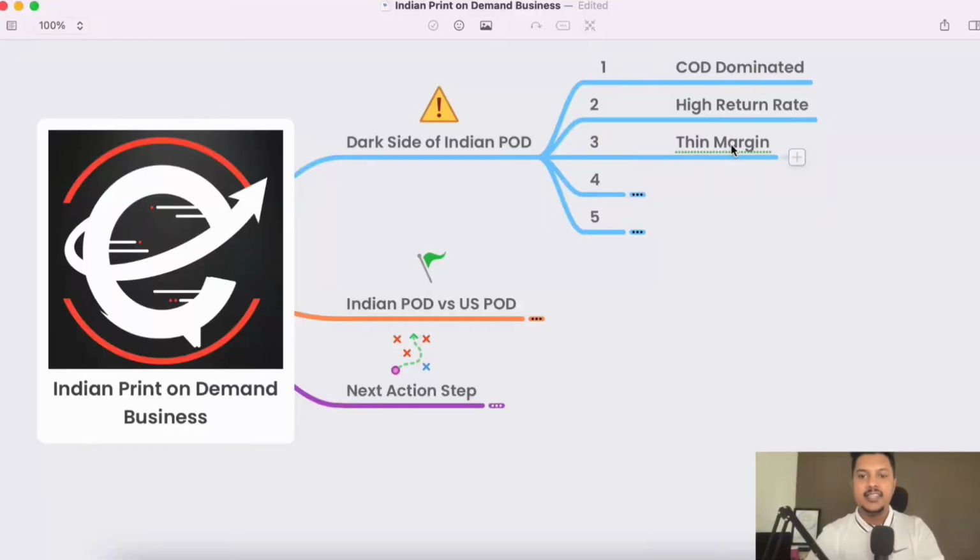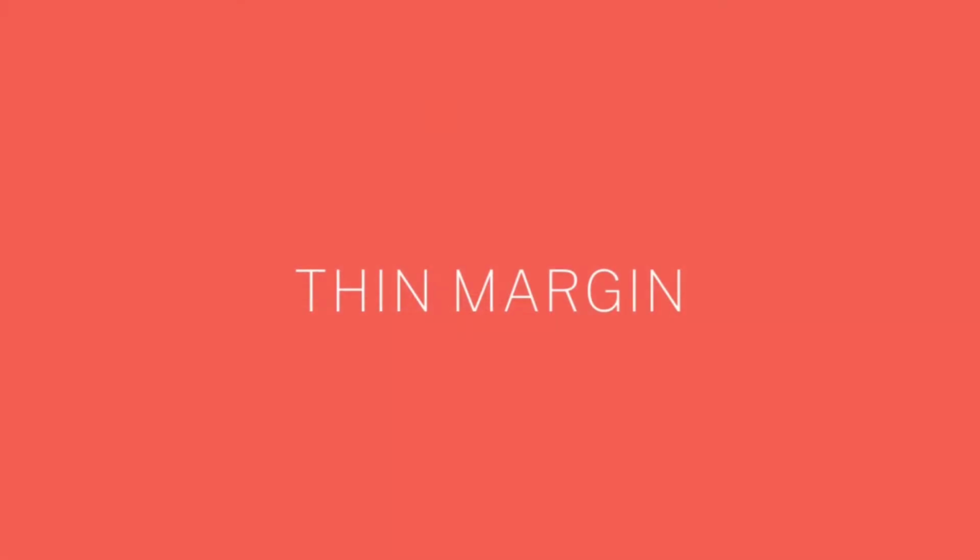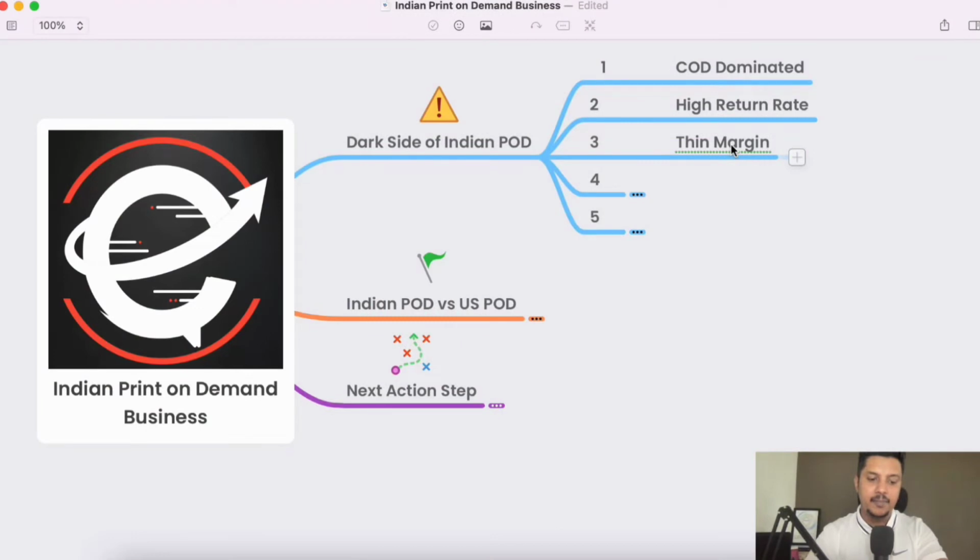The third one is thin margins. There are only a few suppliers doing this in Indian print on demand, and the cost of a particular t-shirt, including printing, shipping, everything, comes to around 300 rupees.